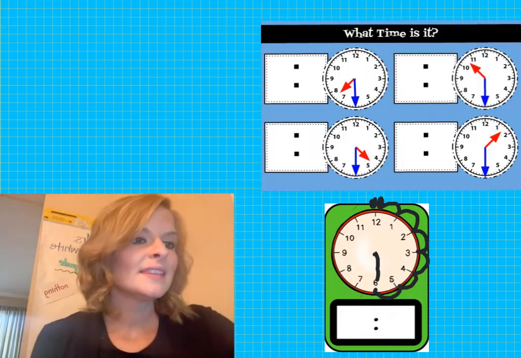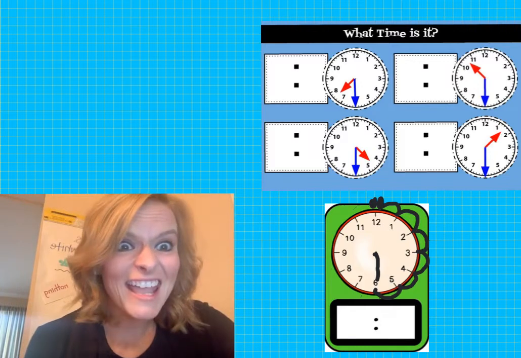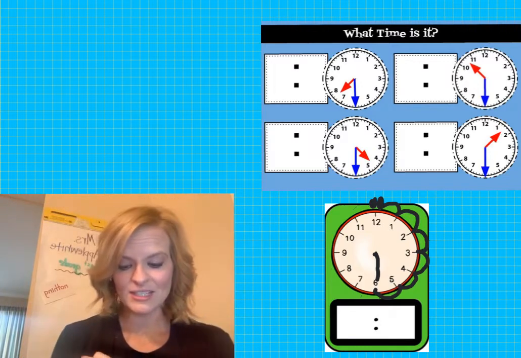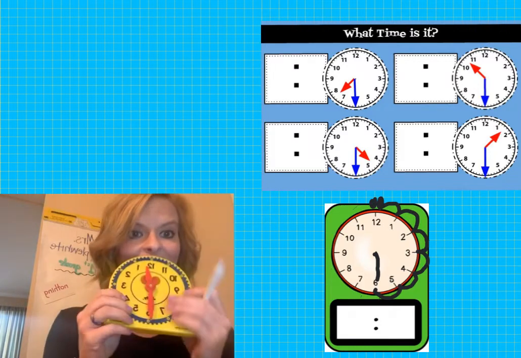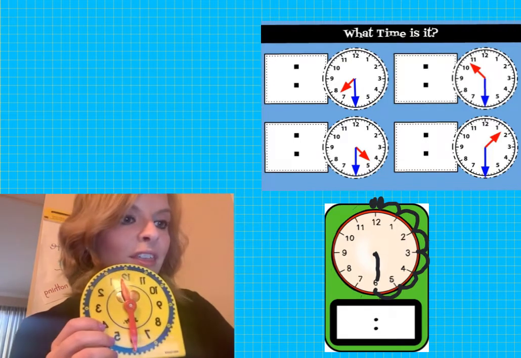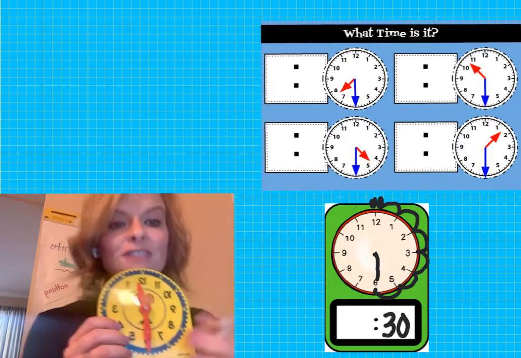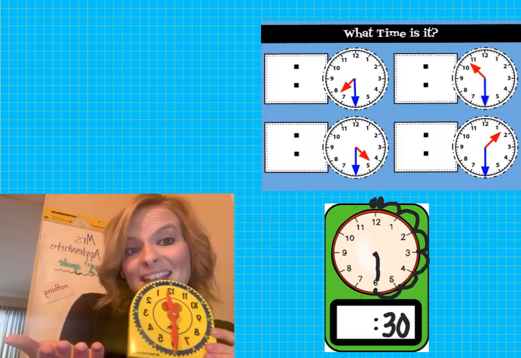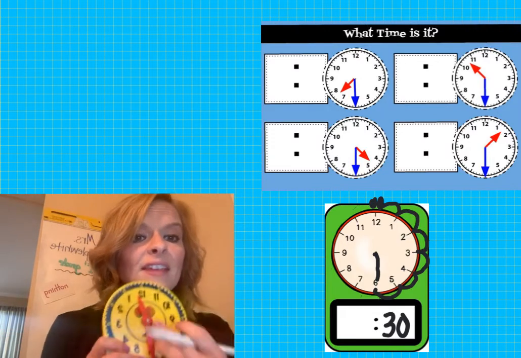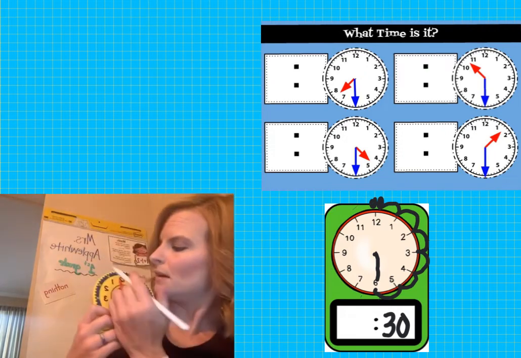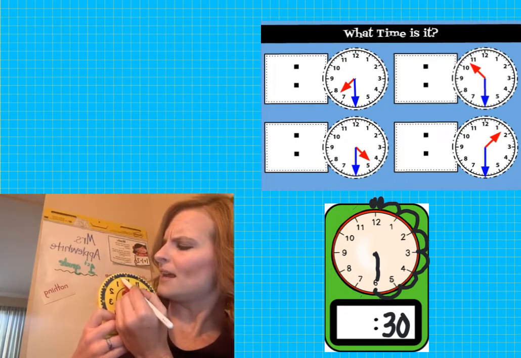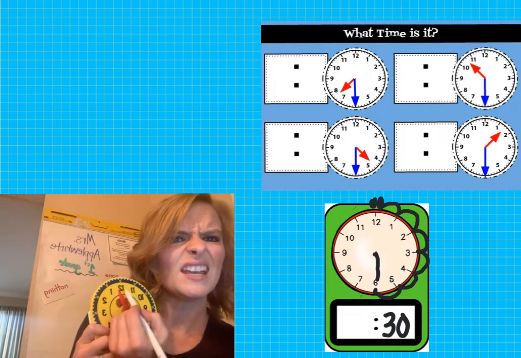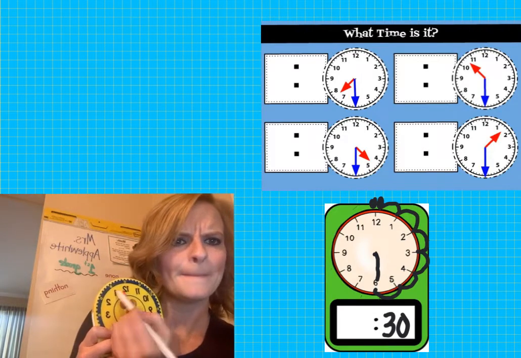So when the long hand or minute hand is pointing to the 6 like this, I will write 30 after the dots to represent the half hour. Then, you see my hour hand, it's between the 12 and the 1.